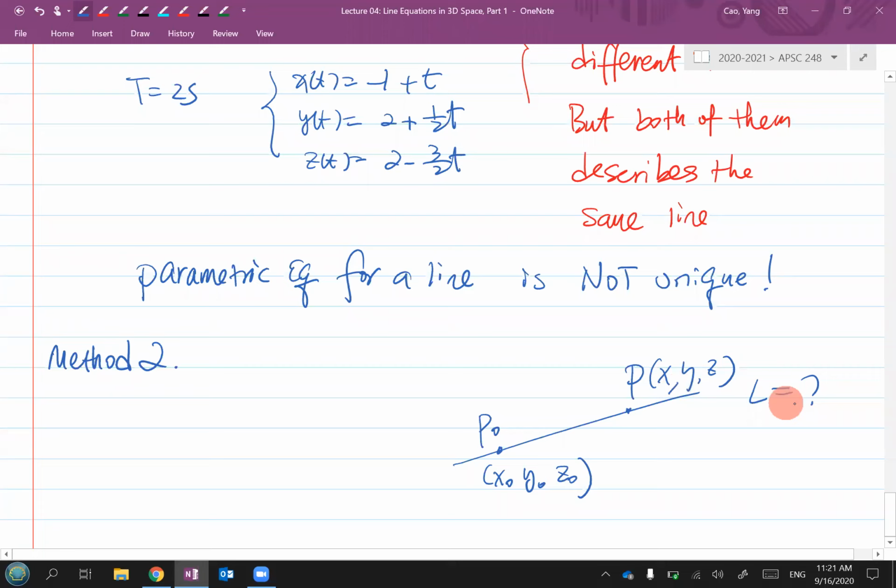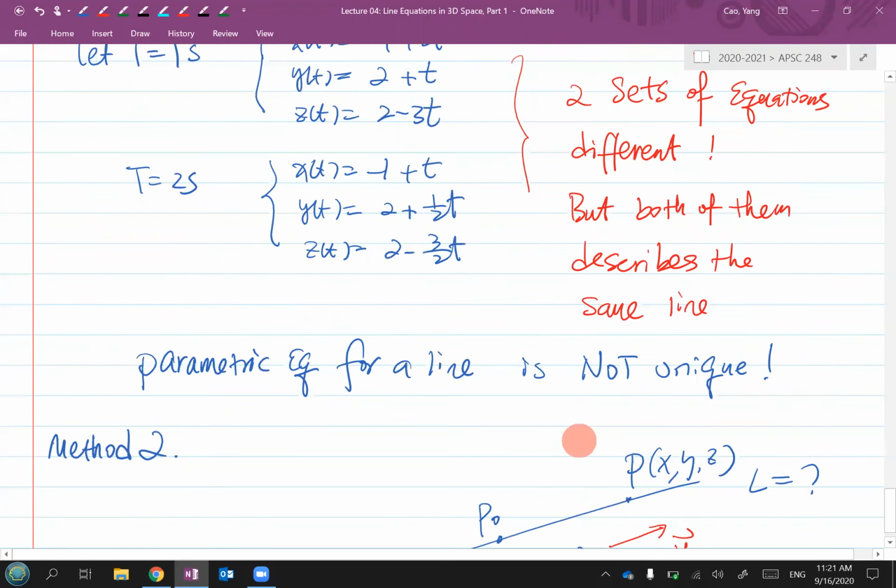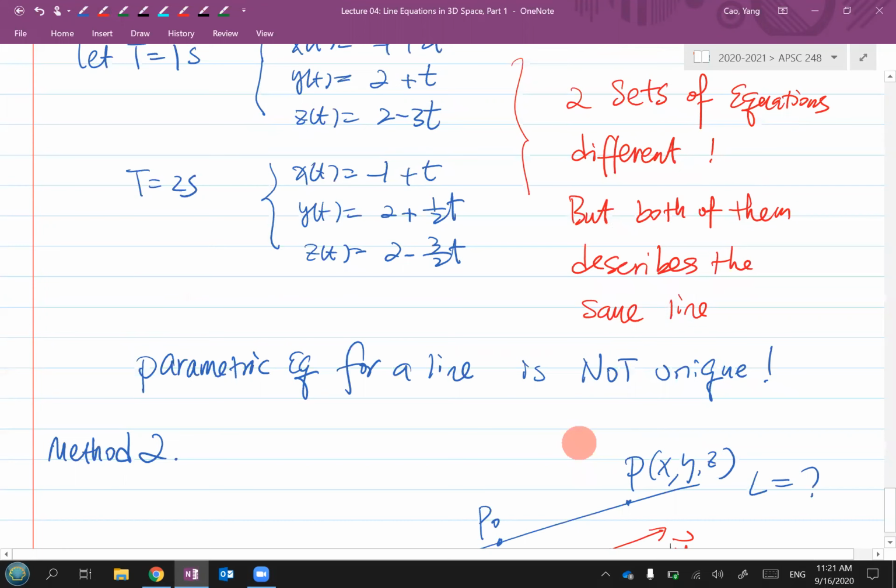Okay, so if you have a line equation here, you'll be able to find a vector that is parallel to the line. Maybe going too fast, is that okay? Now you can always find a parallel vector V to the line.